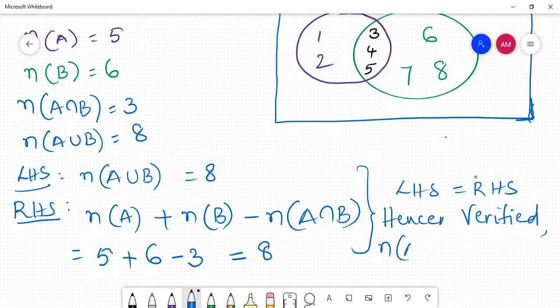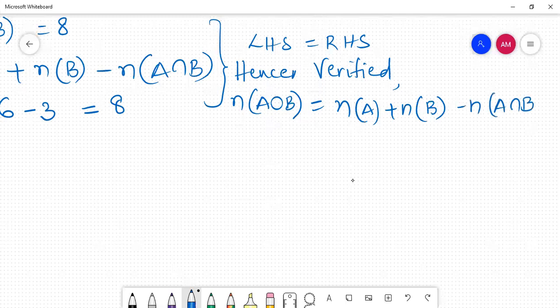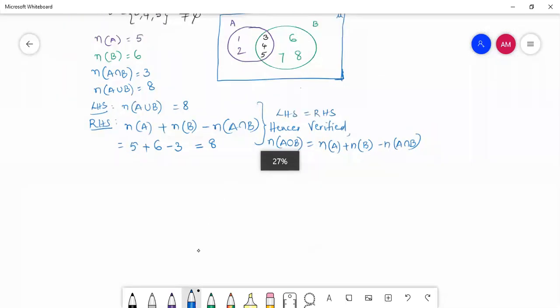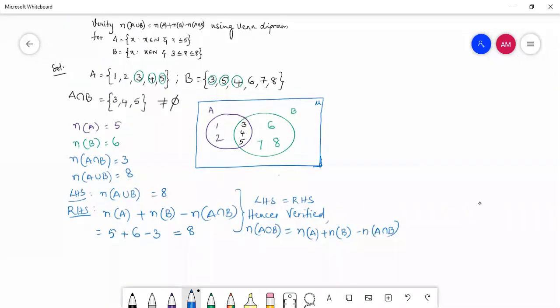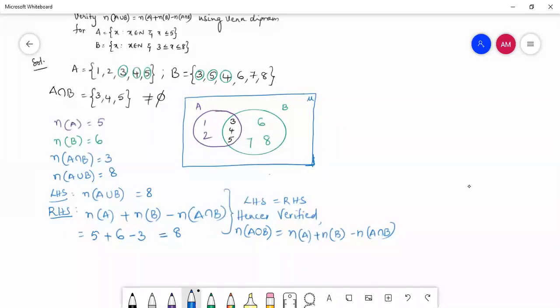N of A union B is equal to N of A plus N of B minus N of A intersection B. Thus, we verified this. I hope this is very clear to you.